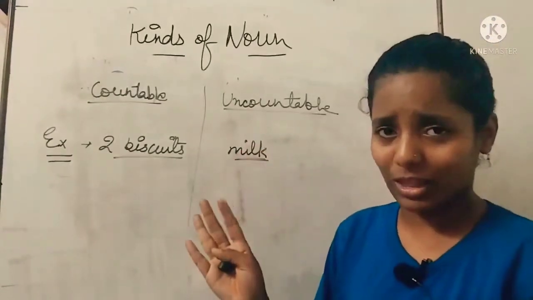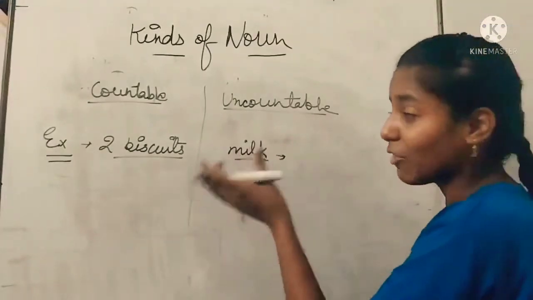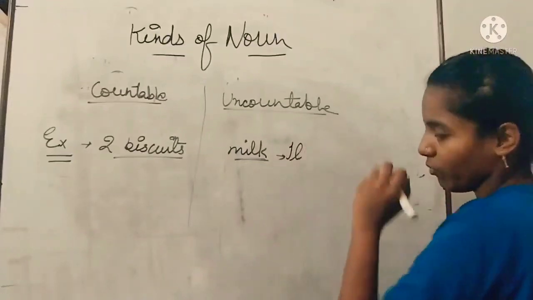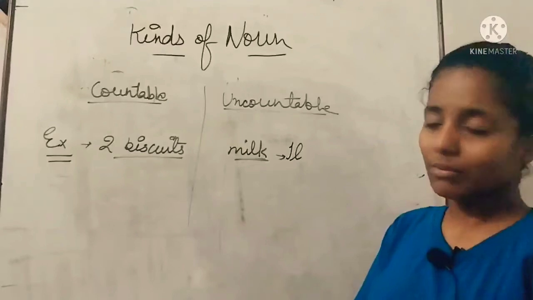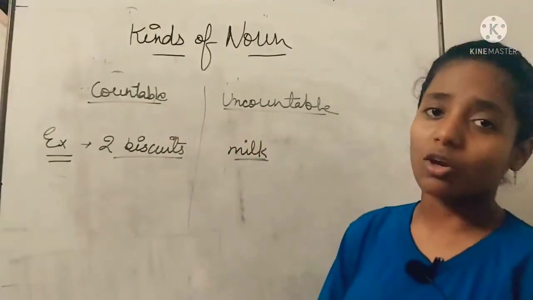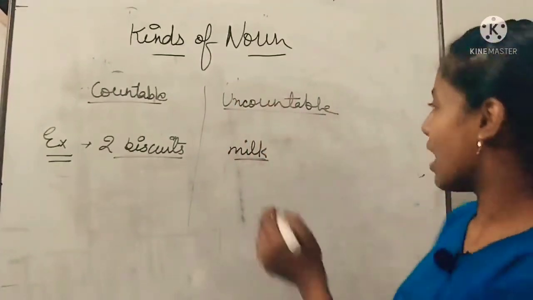That is a specific thing. If you want to give a specific term for the milk, we can say I have 1 liter of milk. From this it is clear that you have milk by 1 liter. But if I request you to count the drops of the milk, are you able to? No. That is why they come under the uncountable.